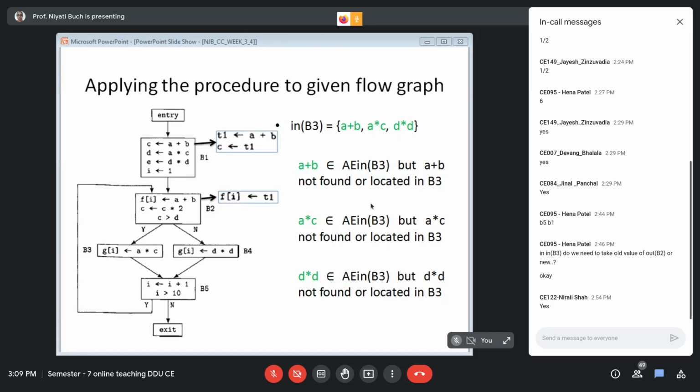So what we have to do? A into C has already been computed previously, and we have to see, for every flow path, whether we are able to get that value or not. Over here, the path followed will always go from B1 and then only we are going to reach B3.